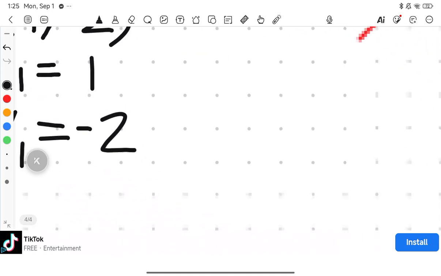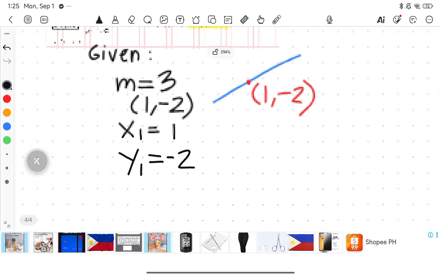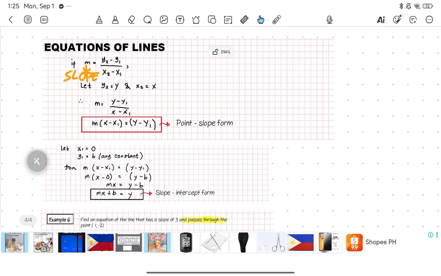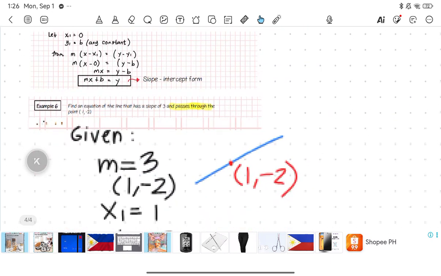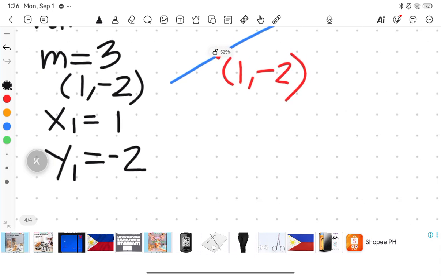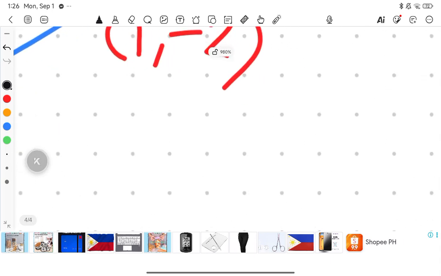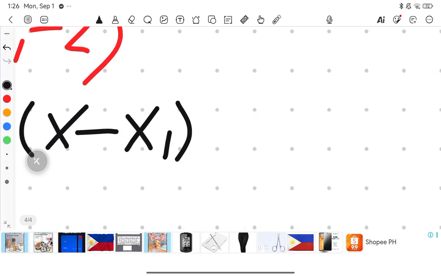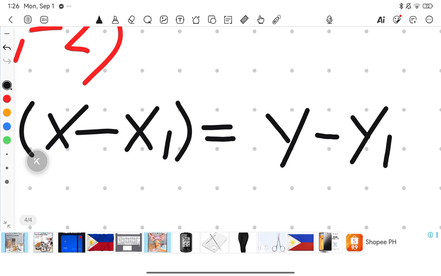Okay, tapos po, di ba ang point slope form ay nasa m quantity x minus x1 is equal to y minus y1 na form. So, gamitin na natin siya. Magiging na po siyang, dito ko na lang guys sa gilid ha. So, meron kang m quantity x minus x1 is equal to y minus y1.